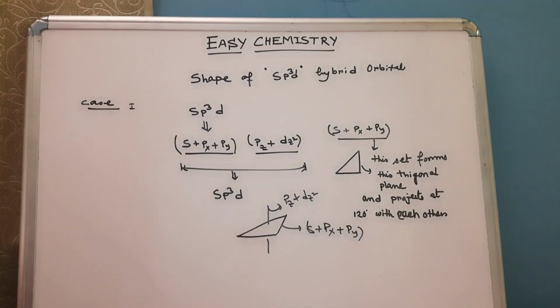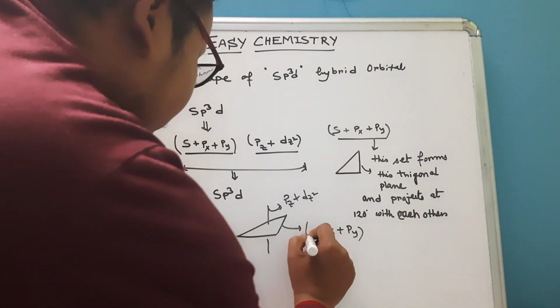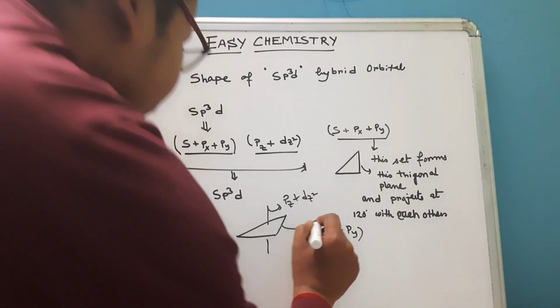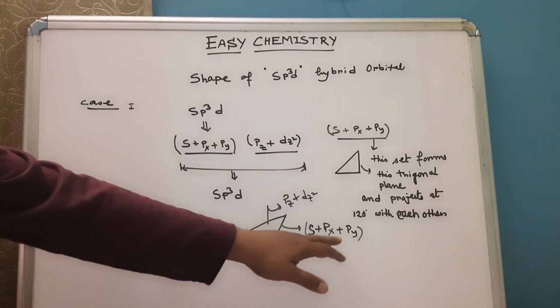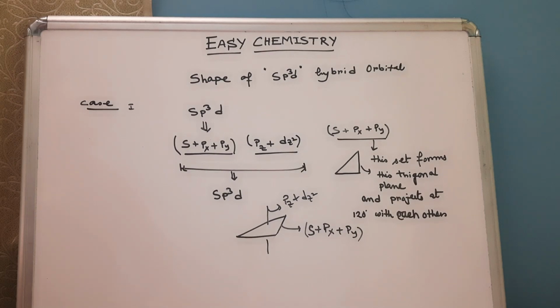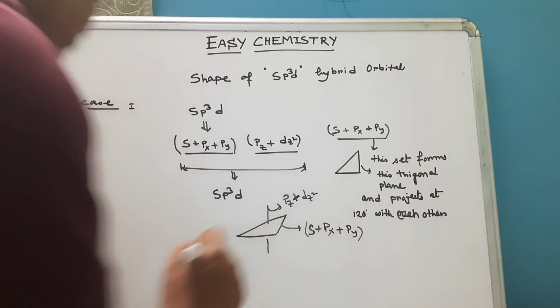So these are the two basic sets. The first set forms the trigonal plane, which consists of three orbitals, s, px and py, and the perpendicular line, at 180 degrees, consists of the two orbitals pz and dz square.